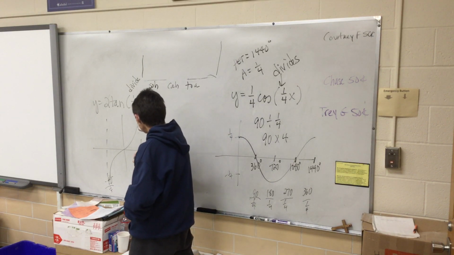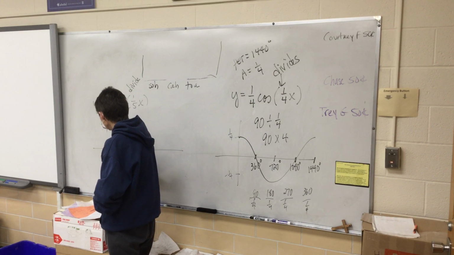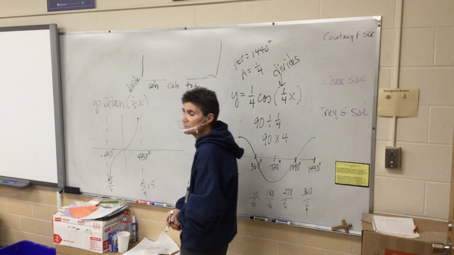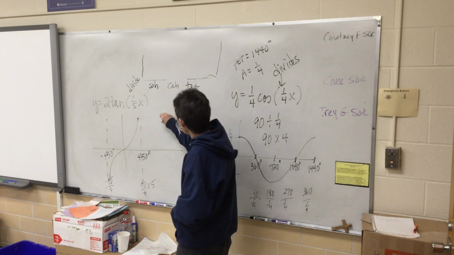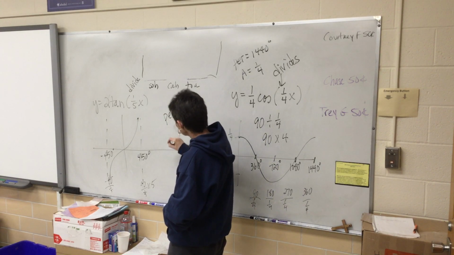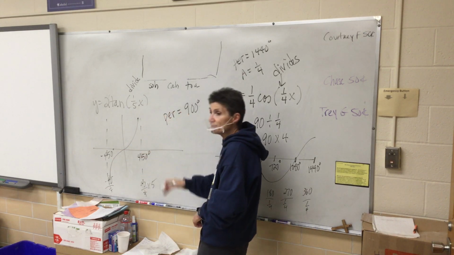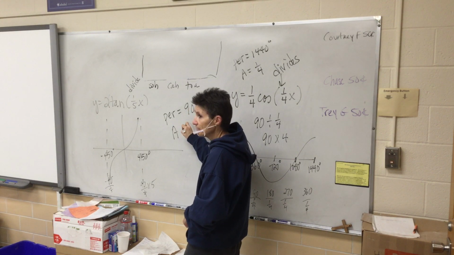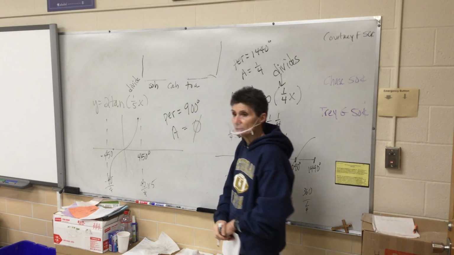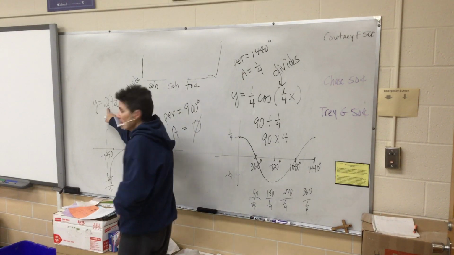So this is actually 450 and negative 450. Would you agree? That makes my period what? 900 from negative 450 to positive 450. And what's my amplitude? None. Absolutely. Don't say 2. Remember, we're ignoring that.